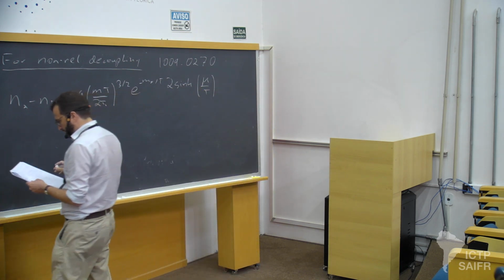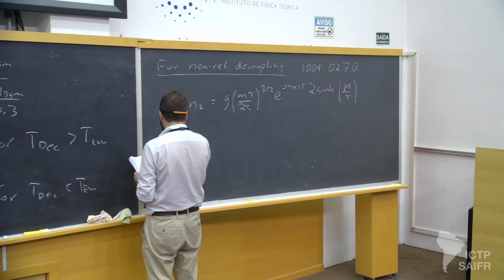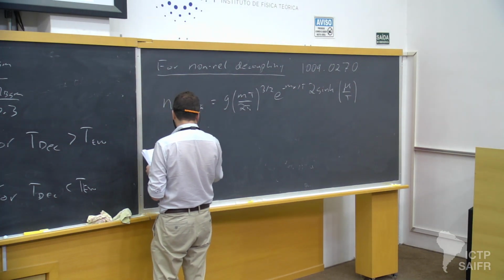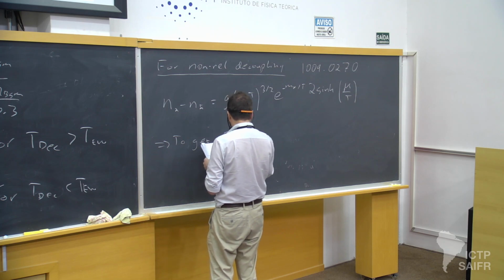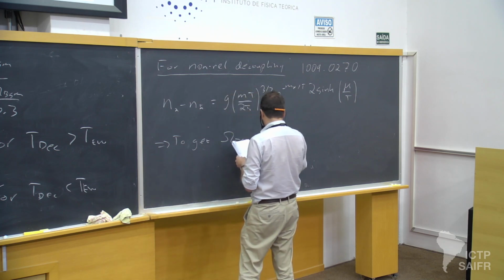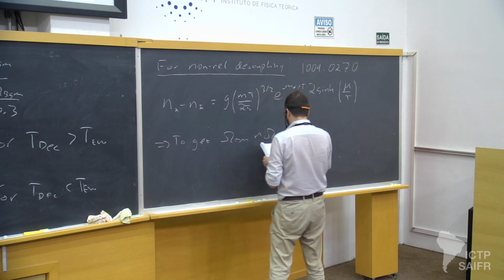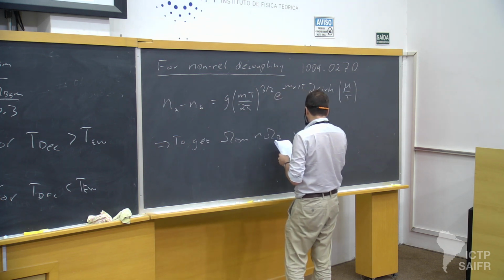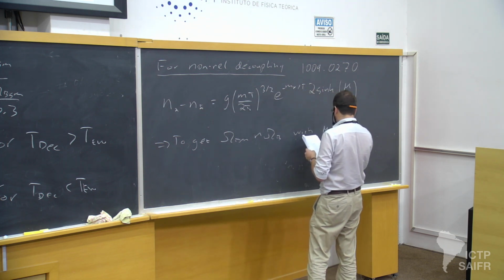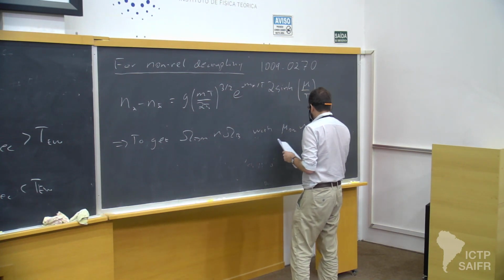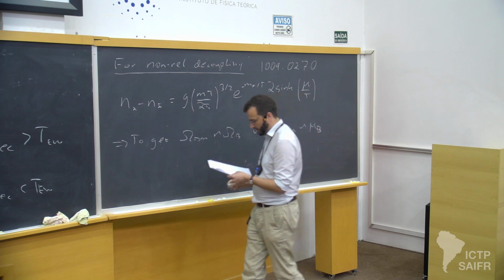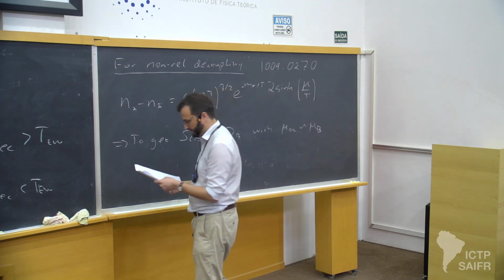So in general, to get omega dark matter approximately omega B with mu dark matter of the same order as the baryon chemical potential, two solutions are possible.